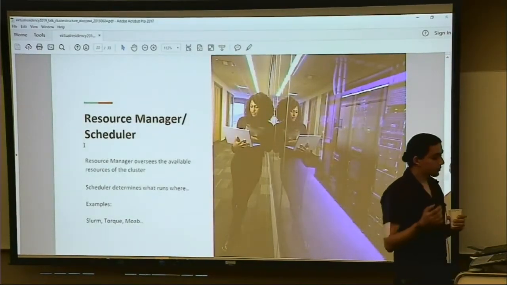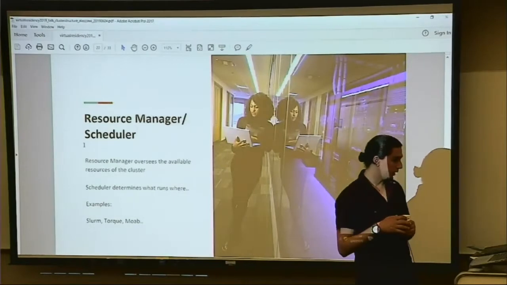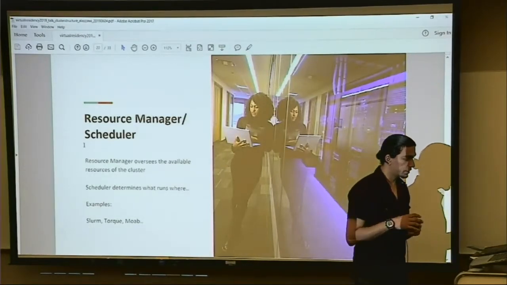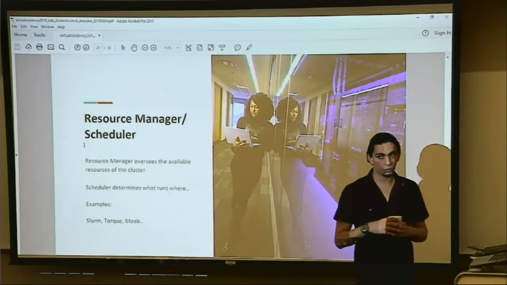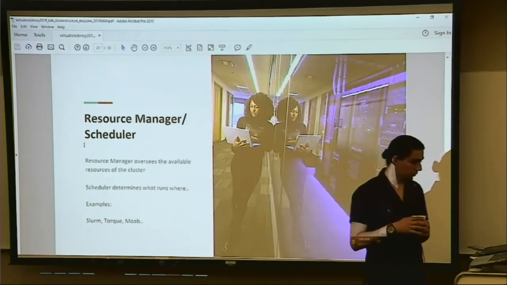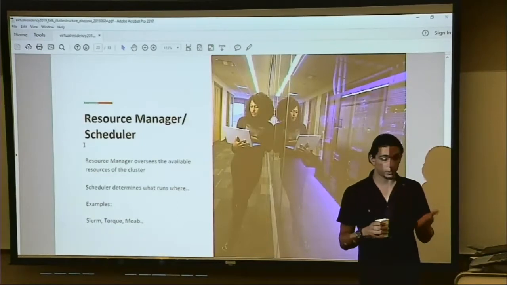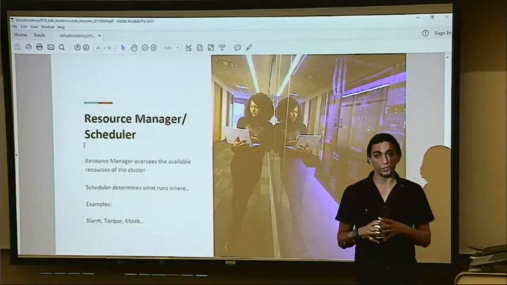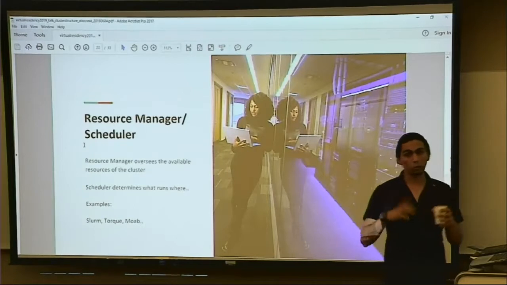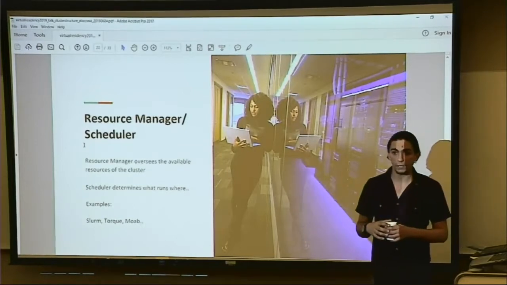And then we need a resource manager and scheduler, and we have some different examples. I just listed a few, and you can go around the room and see what people are using. So today at our center I'm testing on another cluster with the whole OpenHPC package.